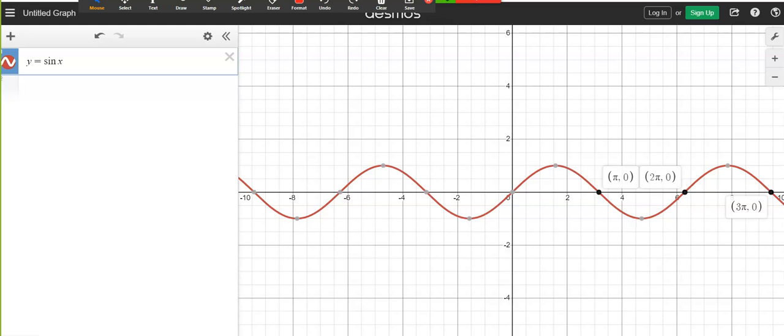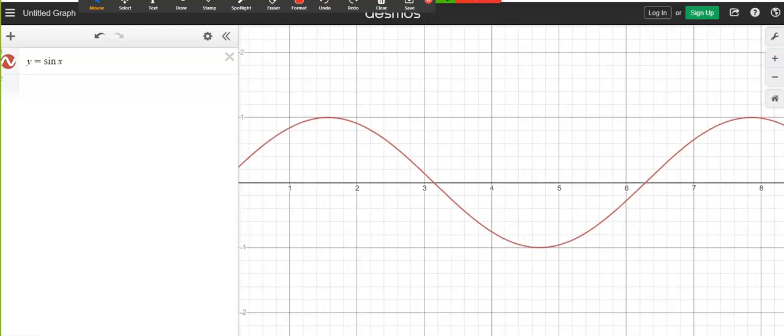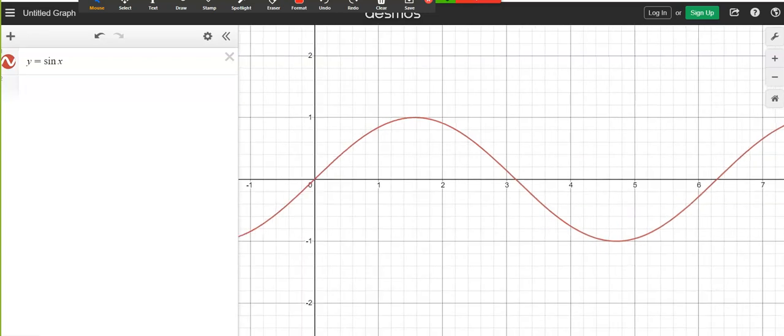If I zoom in a little bit, you'll see that pi is just a little bit to the right of 3, which makes sense, right? Because pi is 3.14. And then if I double that, it's just a little bit past 6, 6.28.